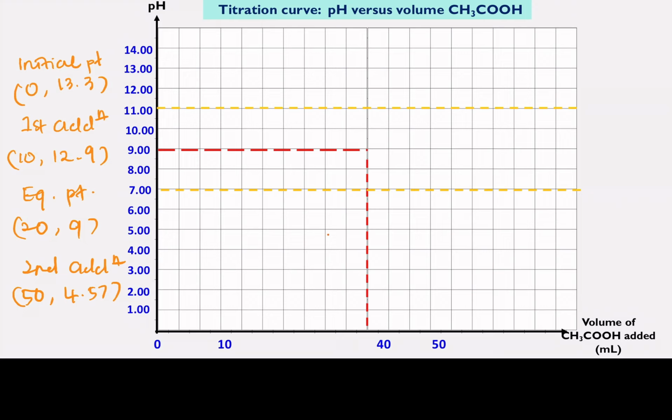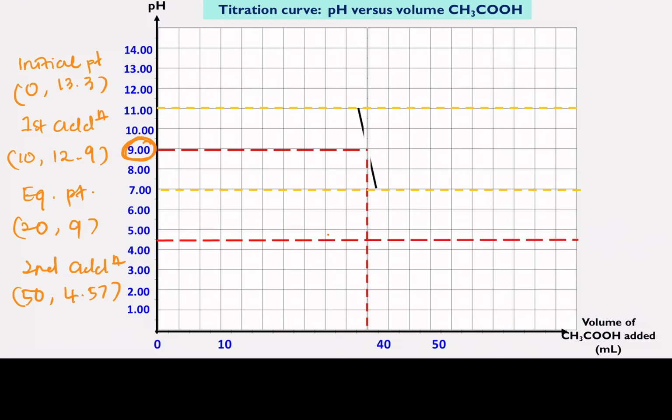So ini 11 and 7. Awak punya pH jump because you have a basic salt solution, right? So the pH will be, your equivalence point will be higher than 7. Okay, and then this is your second coordinate, ke berapa ni? 4.57.